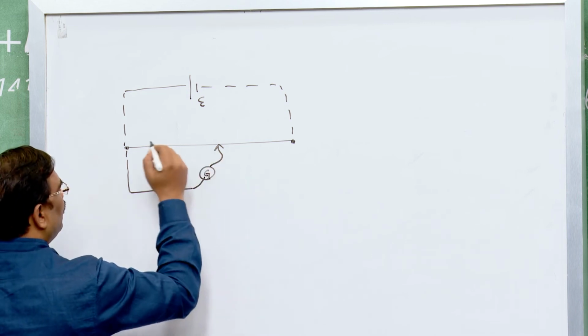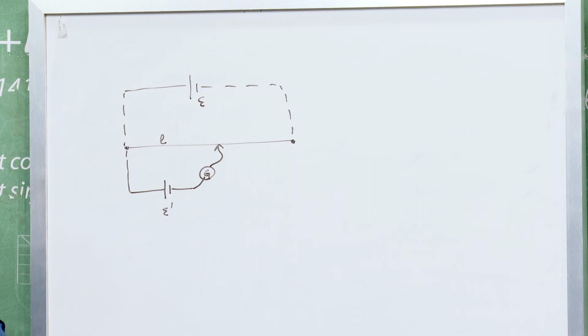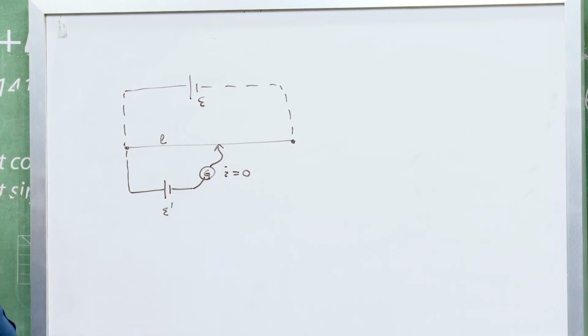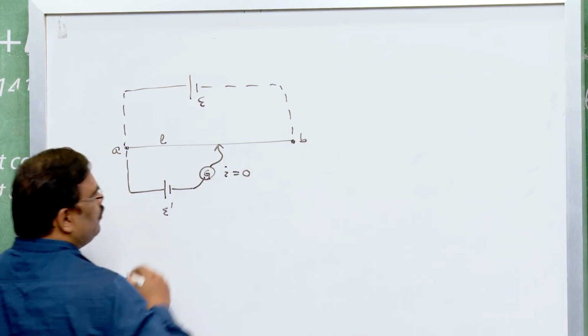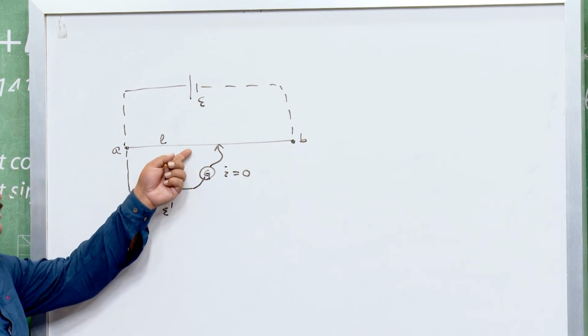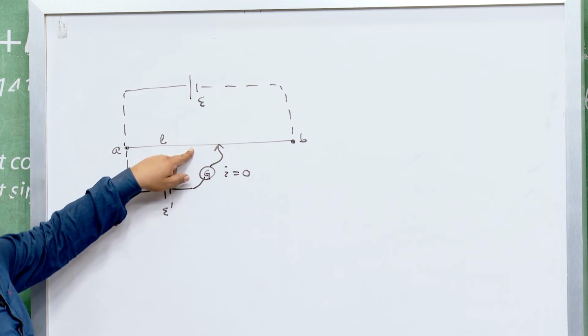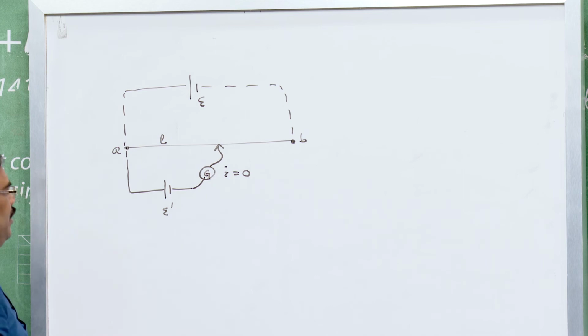Let at a length L, the current through the galvanometer I become equal to 0. This wire between A and B is the potentiometer wire of a desired length. We can take a higher length to lower the least count of this potentiometer, to measure smaller and smaller voltages.